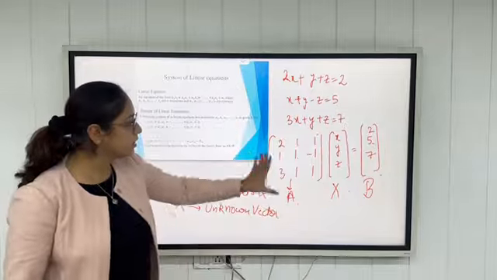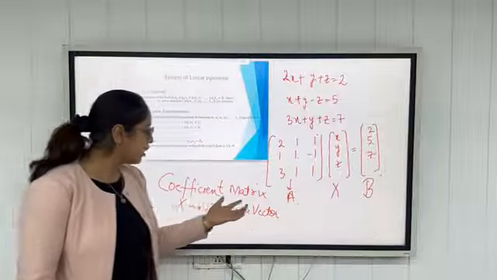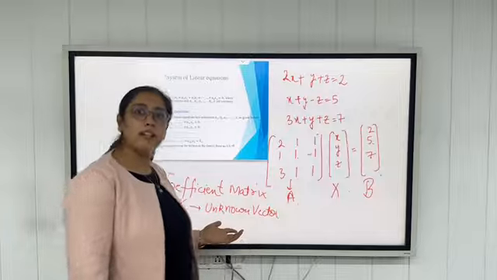So any system of linear equations can be written in the matrix form as Ax is equal to b, where A is called the coefficient matrix and x is called the unknown vector.